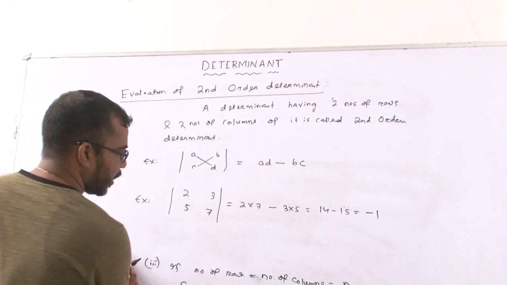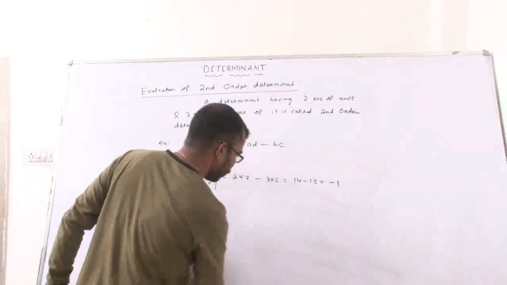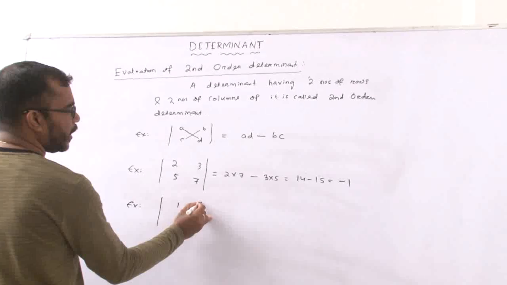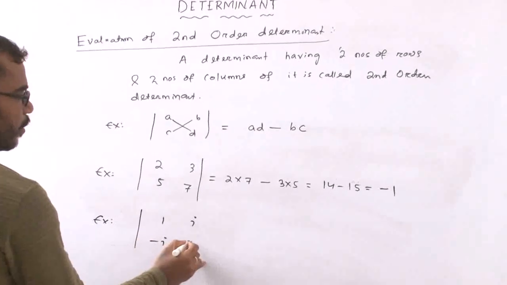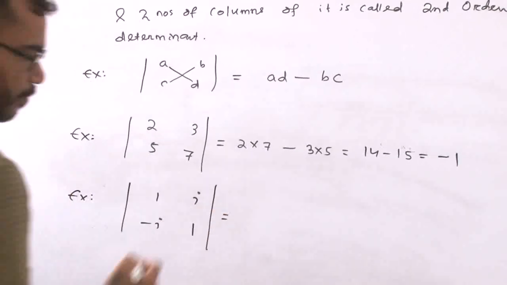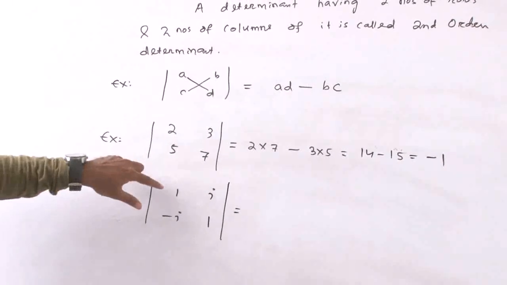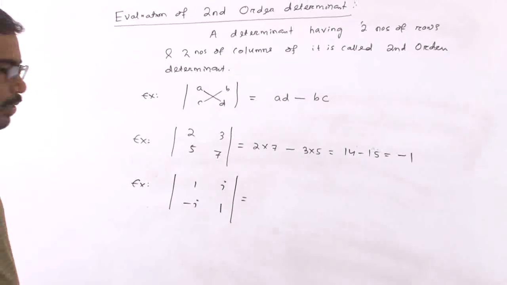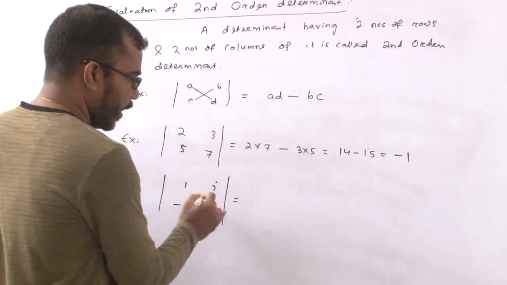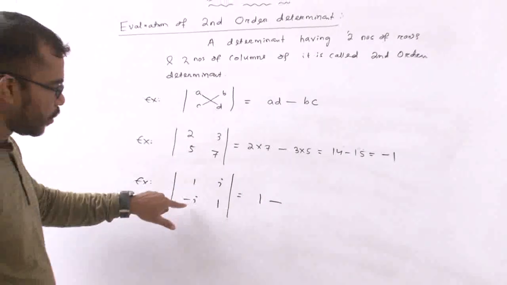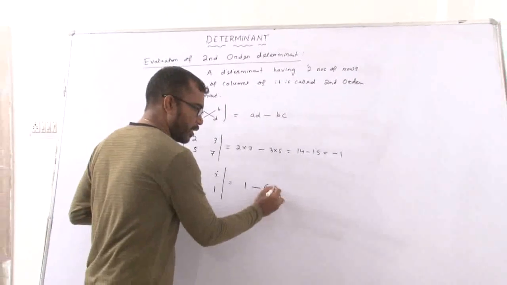Now take another example. Suppose 1, i, minus i, 1. It is a second order determinant. Now cross multiply. Then we get 1 into 1, that is 1, minus i into minus i, that is minus i square.